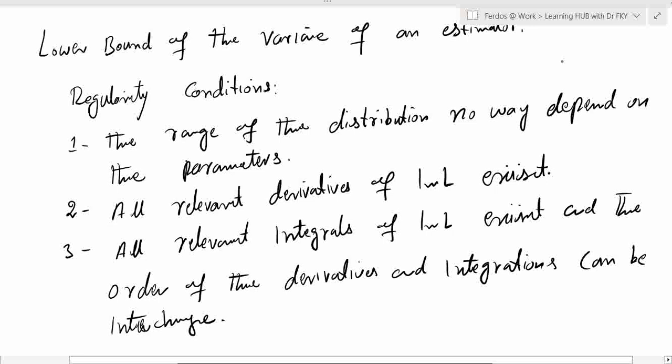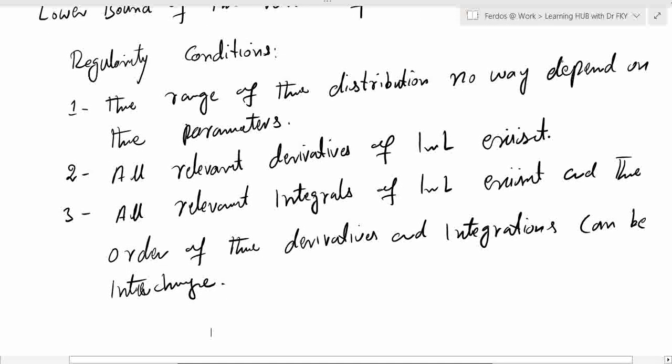So the probability distribution which satisfies these three conditions is called a regular distribution, and the distribution which doesn't satisfy these conditions is called a non-regular distribution. The most important one is the first one: a distribution whose range depends on the parameter is non-regular.